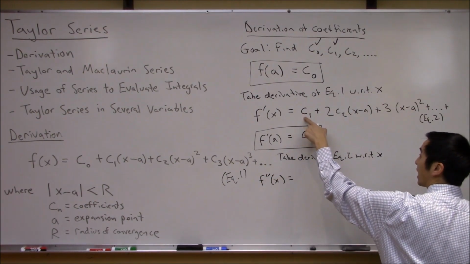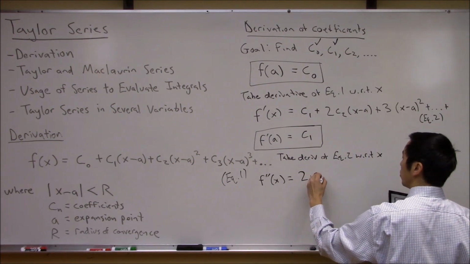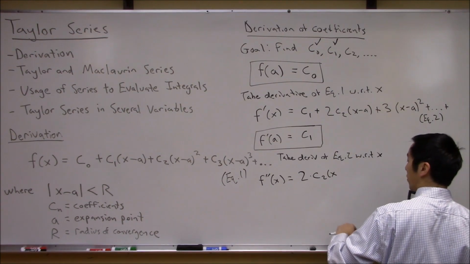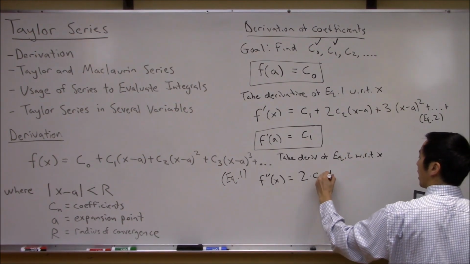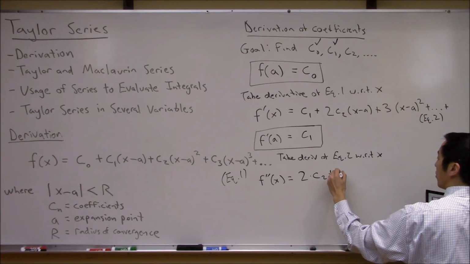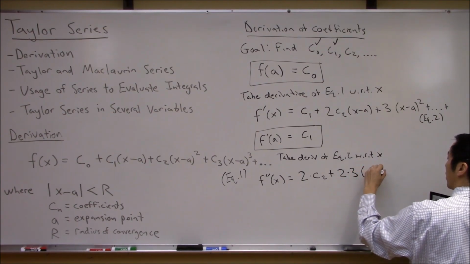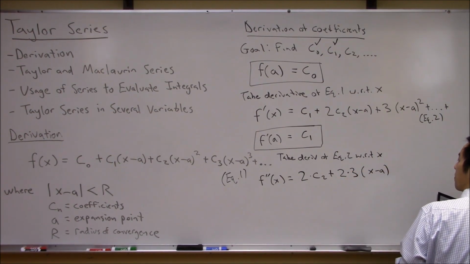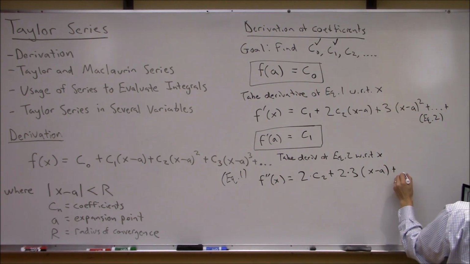Now I knock out the C1. Oh, no, sorry, the x minus a is gone. This here becomes 2 times C2, plus this becomes 2 times 3 times C3 times x minus a. Would everyone agree?